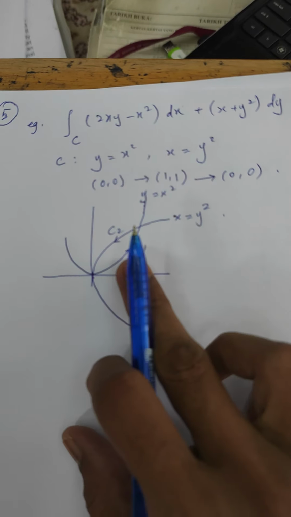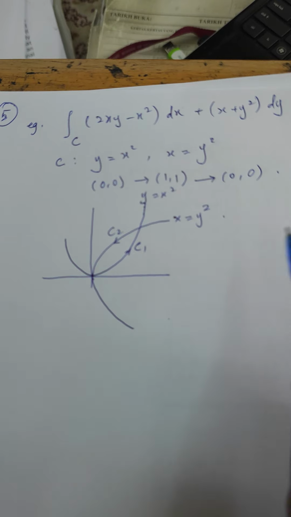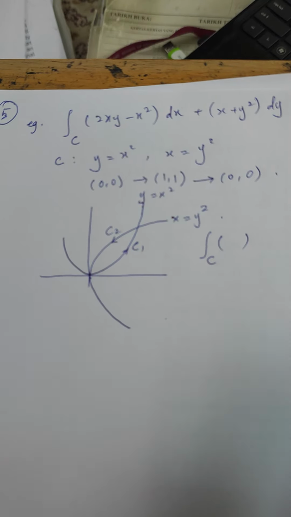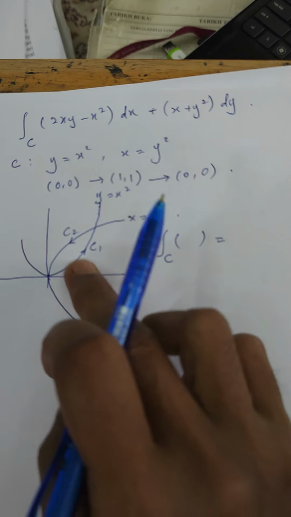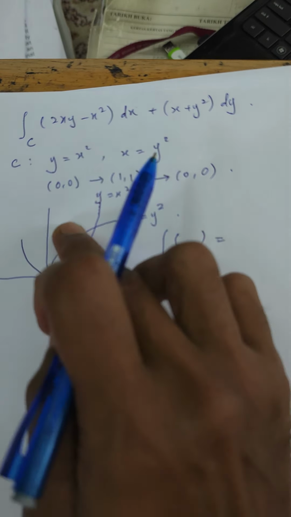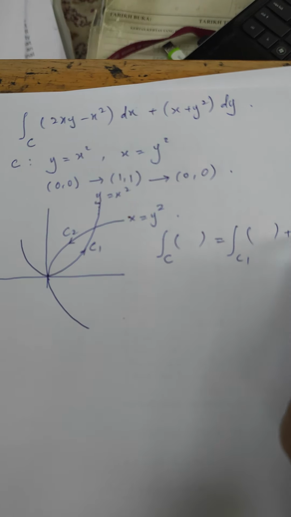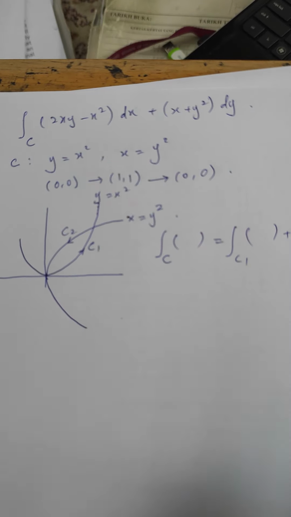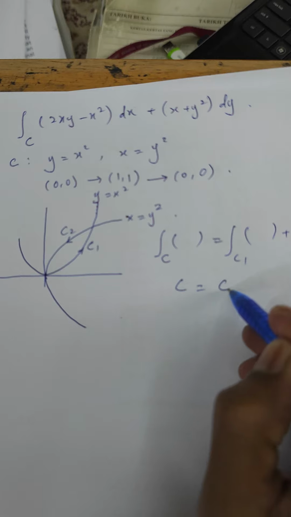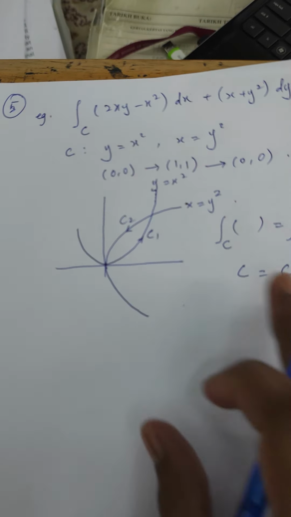In order to perform the line integral over C, this is equal to, we split it for each of those smooth curves, C1 plus C2, because in this case our C is C1 and C2. Now we consider each of these one by one.